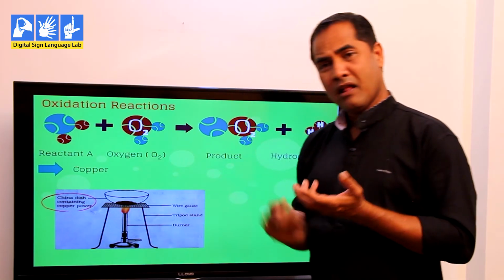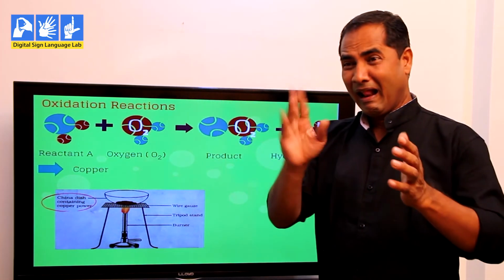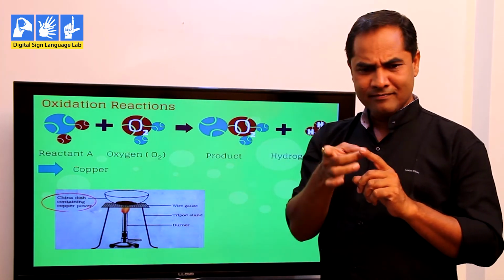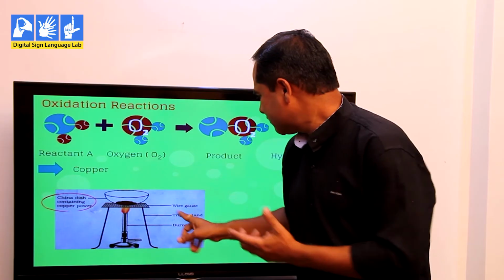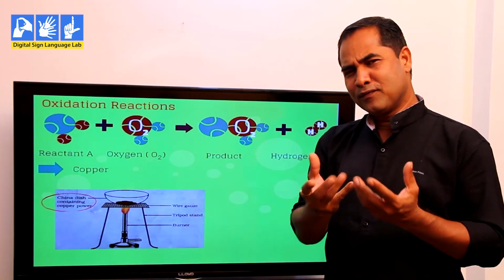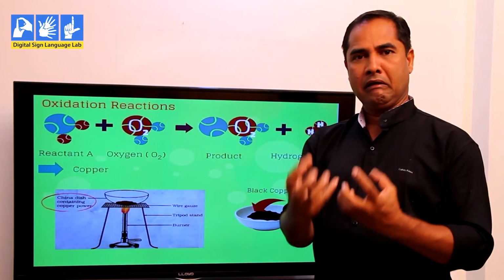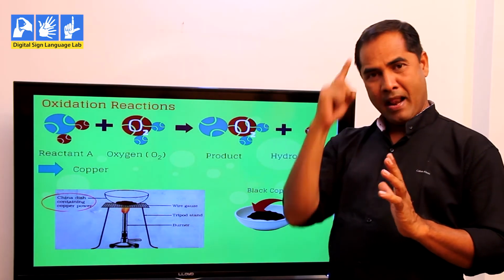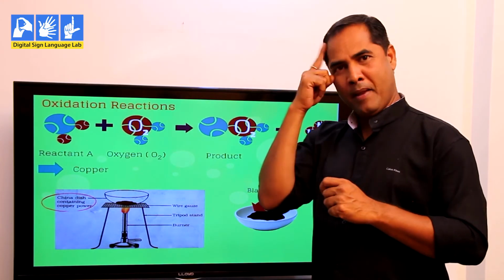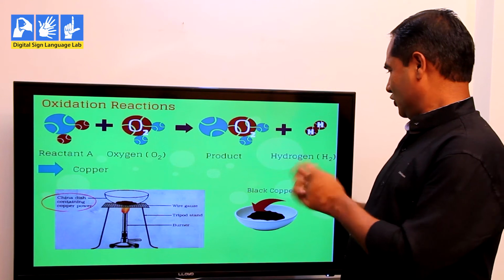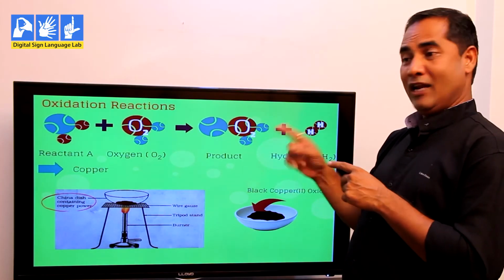When you heat copper in a china dish for some time, the color of copper changes into black. Originally, the copper color is orange and reddish. It changes into black because of the formation of copper oxide.